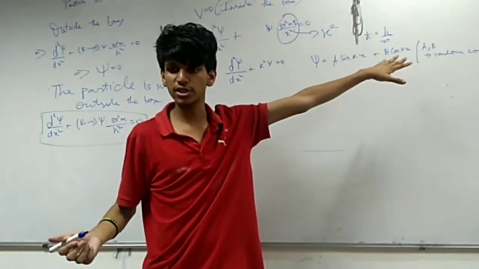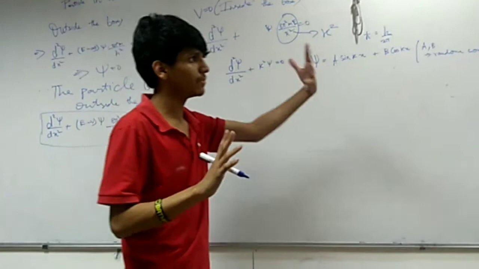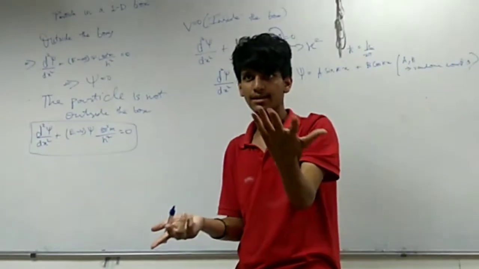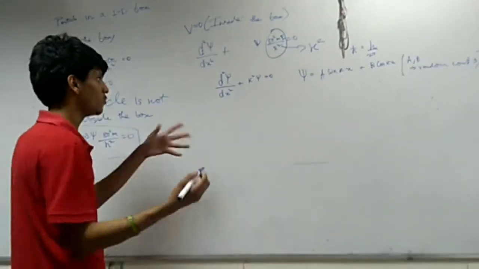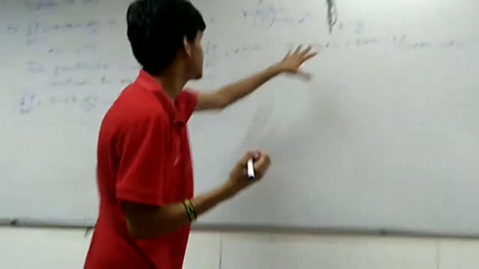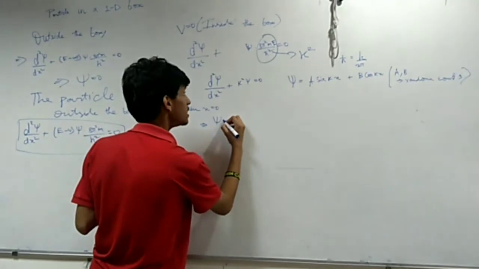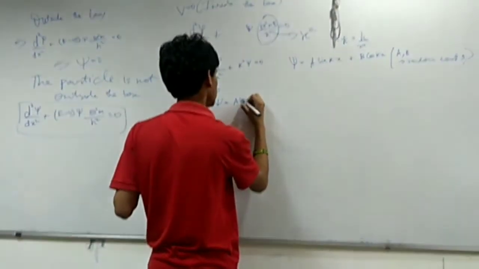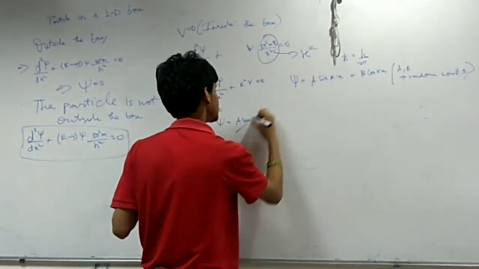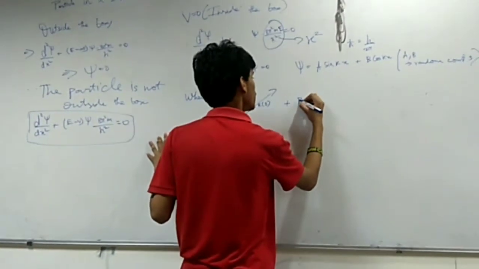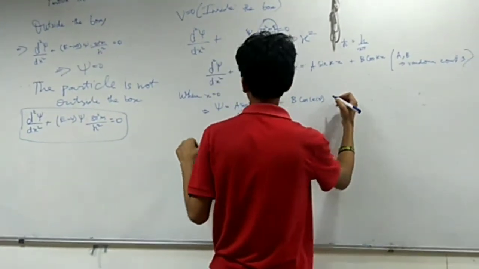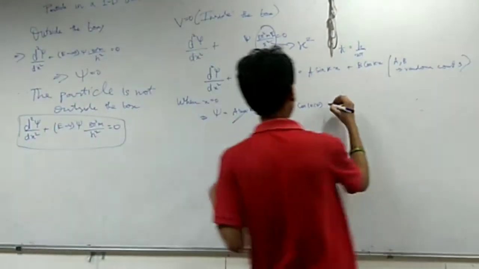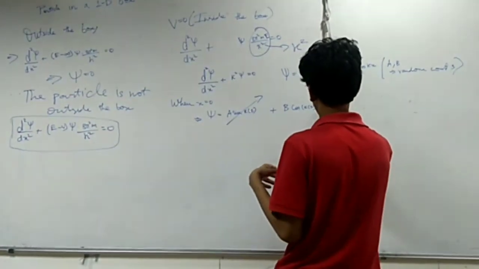So now, this is a wave equation, and let us try this at both the constraints within the x-axis, that is from x is equal to 0 to x is equal to L. When we substitute x is equal to 0, we get ψ is equal to a sin 0, which is 0, plus b cos k into 0, which is 1.